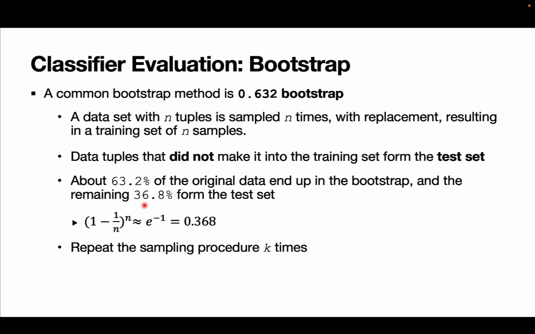If you want to compute the probability, it's uniform to pick any data point. So for a data point to be excluded, it's going to be (1 - 1/n) to the power of n, because there are n samplings, which means that about 36.8% of the original data is going to be omitted.